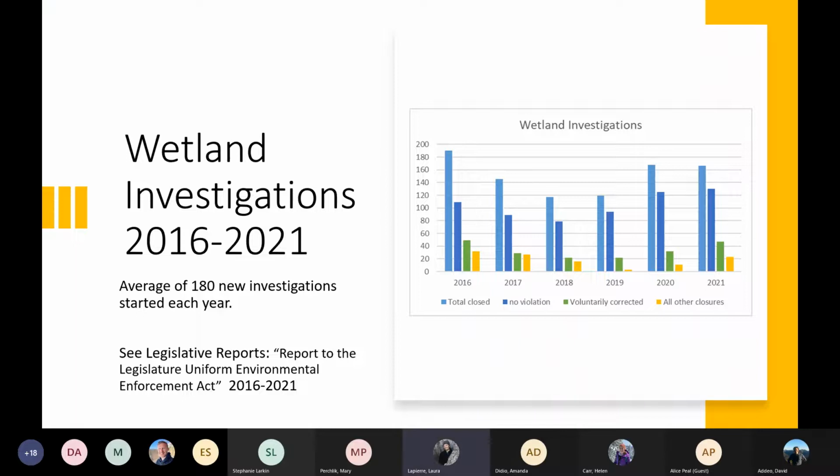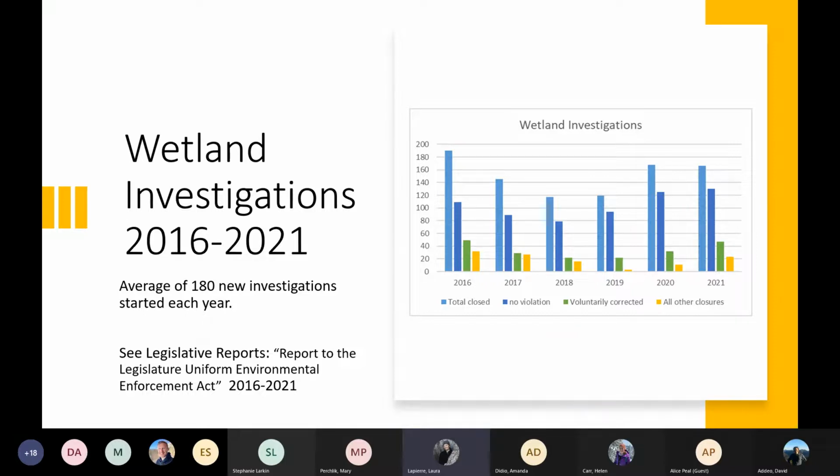Okay, so besides permitting, we're also investigating complaints and activities that are occurring where we haven't issued permits. Our investigations are primarily complaint driven, and staff work with the enforcement officers in our department to investigate and reach compliance on sites.